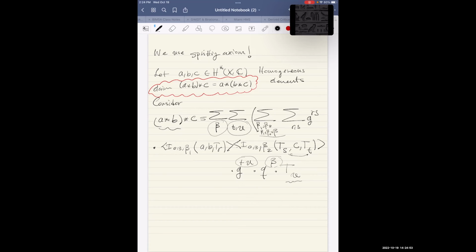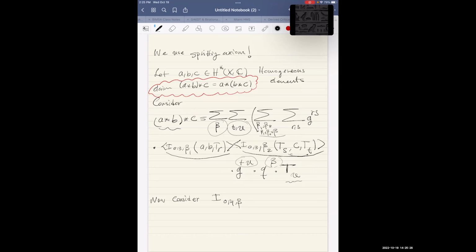Now consider, how do we even do this thing here? Now consider I04. I'm going to bring in I04 beta. Why? Because look at it. I have a product of I03 and I03, beta 1 and beta 2.